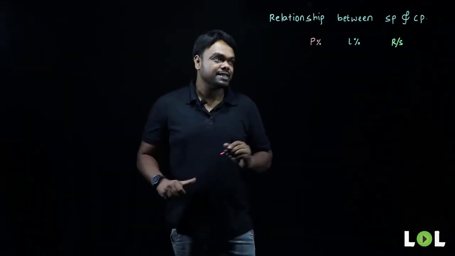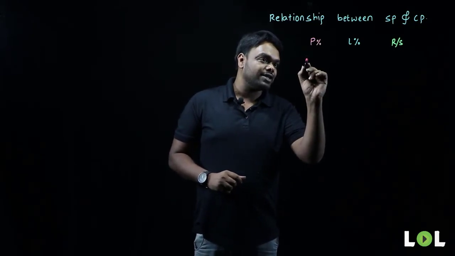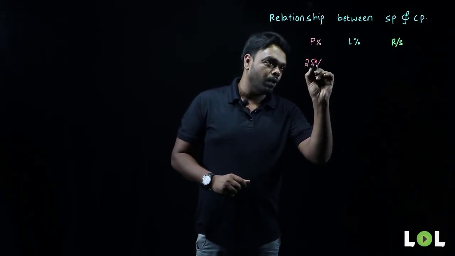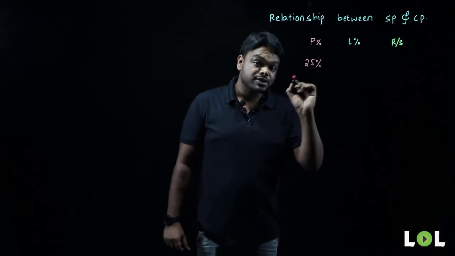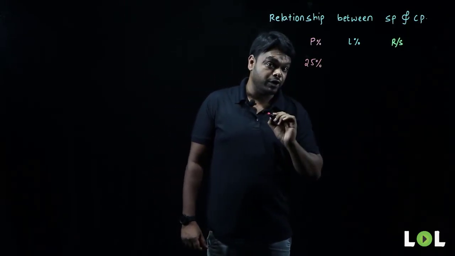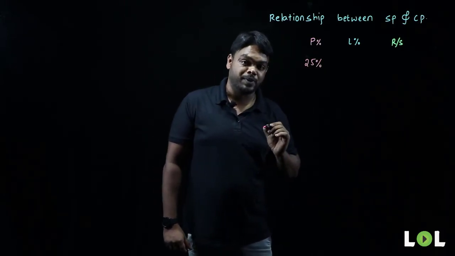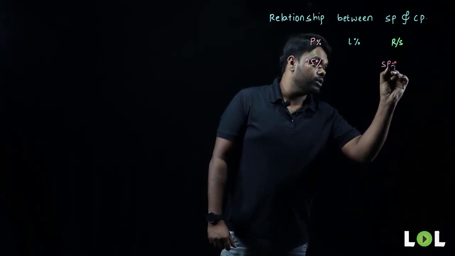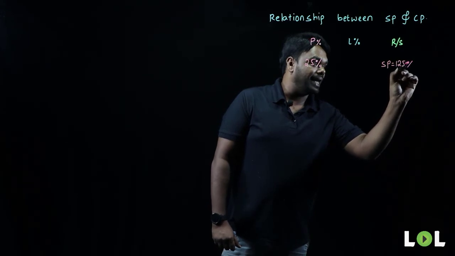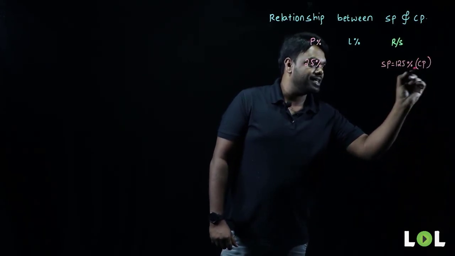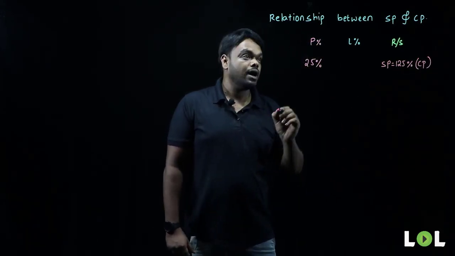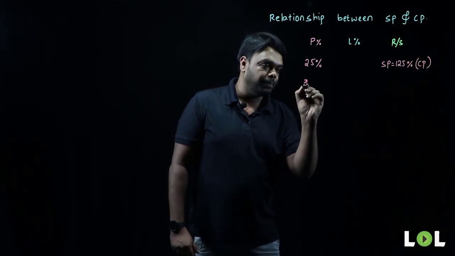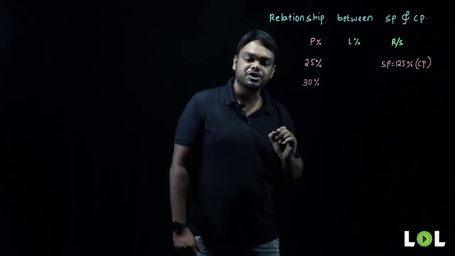Now let us work a little more on the relationship. See, when profit is 25%, what do we understand? It means our selling price must be 25% more than the cost price. So what should be the relationship? Selling price is equal to 125% of cost price. Suppose I say profit is 30%, what should be the relationship?